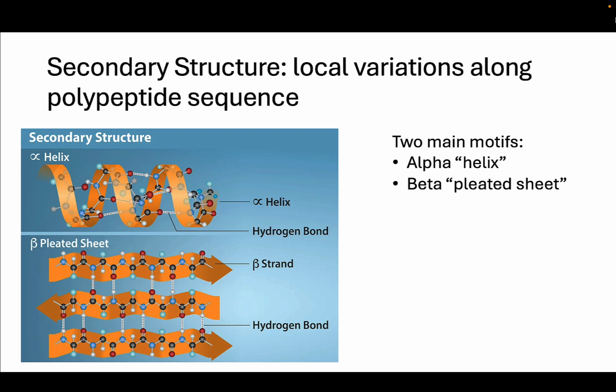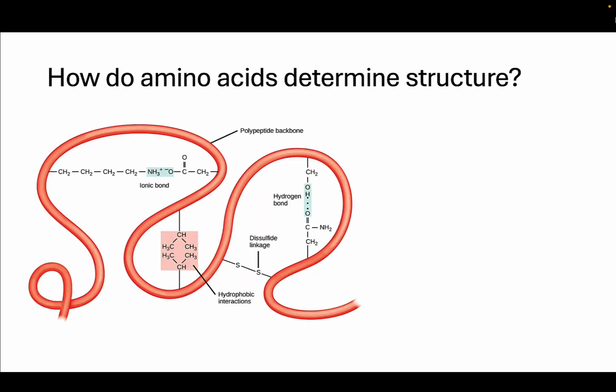A beta pleated sheet sits kind of like corrugated cardboard, I suppose, and has interactions that hold it in that position. The alpha helix has interactions that hold it in its alpha helical position. These are regions along a polypeptide chain that result in these local variations.